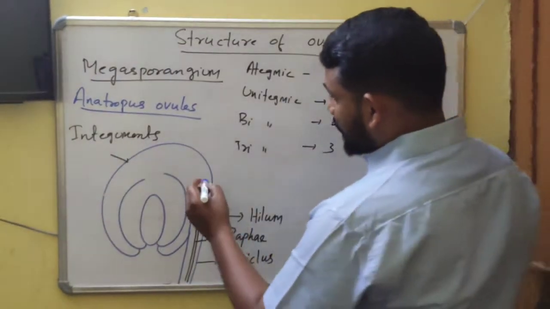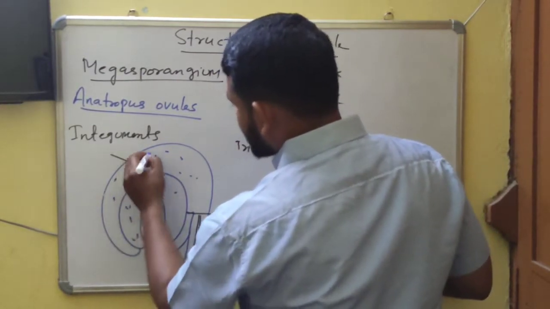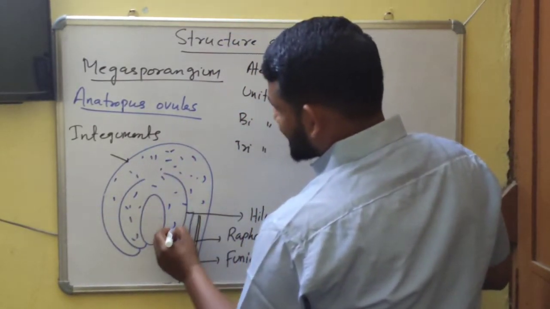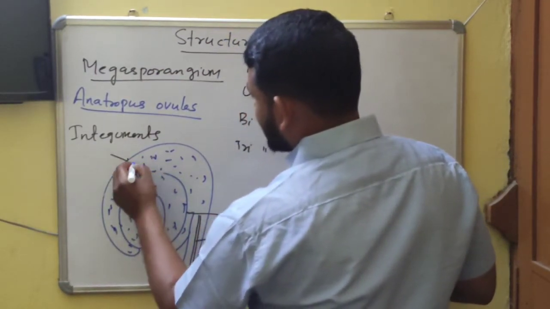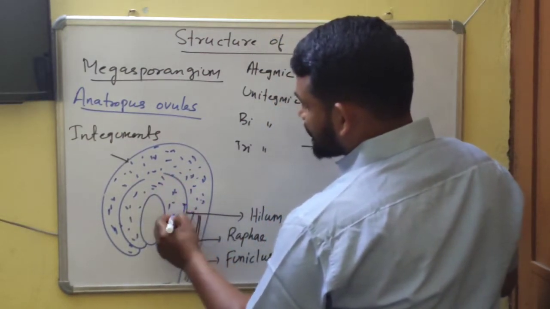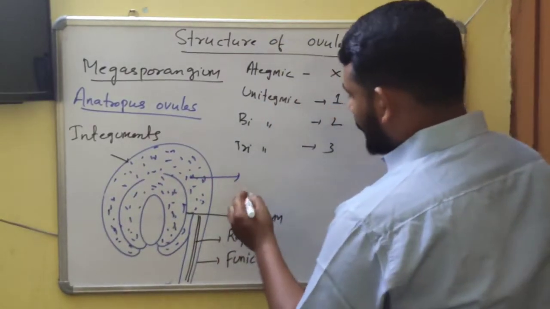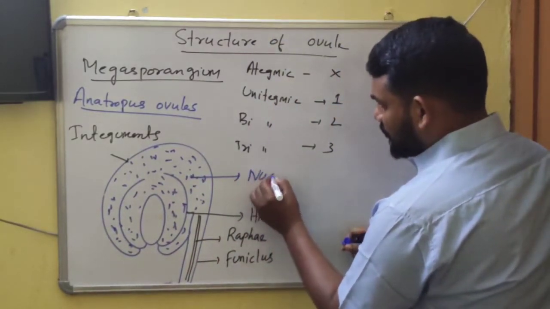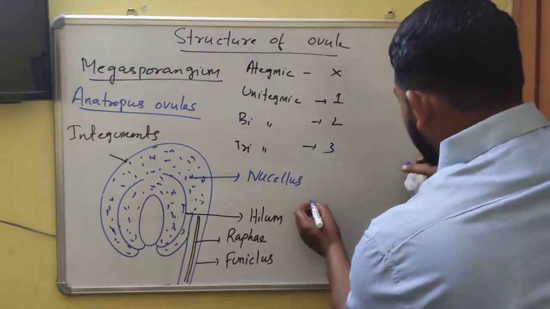Inside the body of this ovule there is a homogeneous, sterile, parenchymatous tissue. This homogeneous diploid parenchymatous nutritive tissue present inside the body of the ovule is called the nucellus. So what is the nucellus?